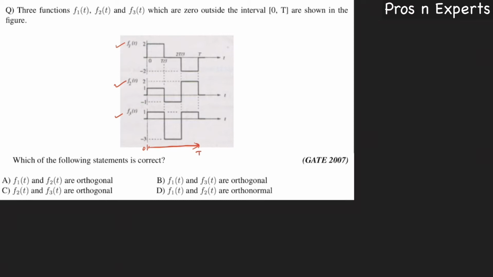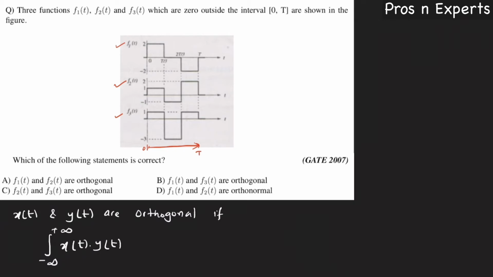Two signals, x of t and y of t, are said to be orthogonal if the integral from minus infinity to plus infinity of x of t multiplied by y of t dt gives you 0.